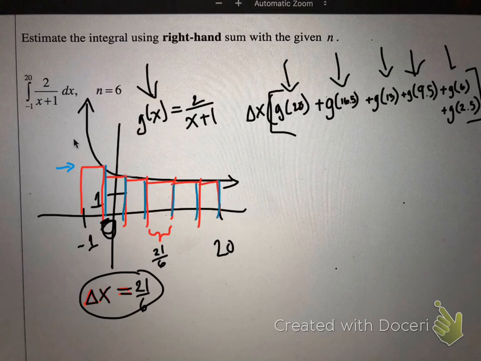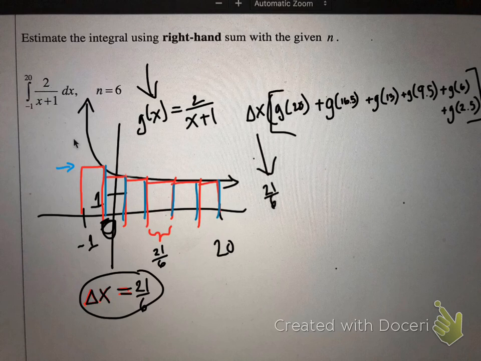Okay. So now we would plug this into the formula, and we know what delta x is. Delta x, we said, is 21 over 6, times whatever g(20) is. g(20) is going to be 2 over 21, which is what I get when I plug in the 20 here.